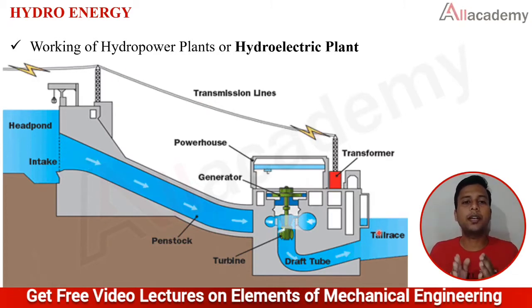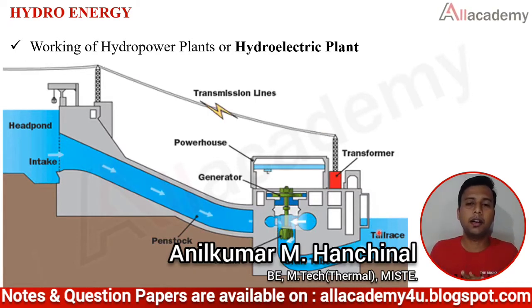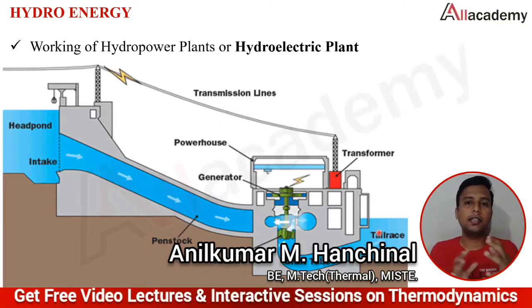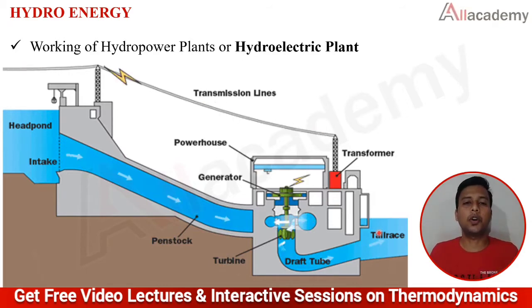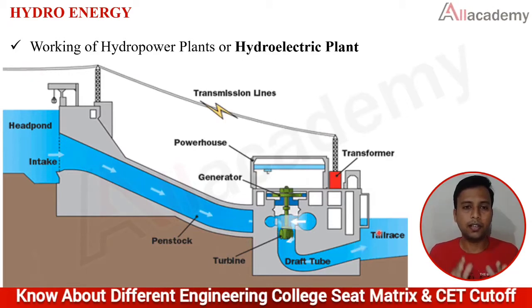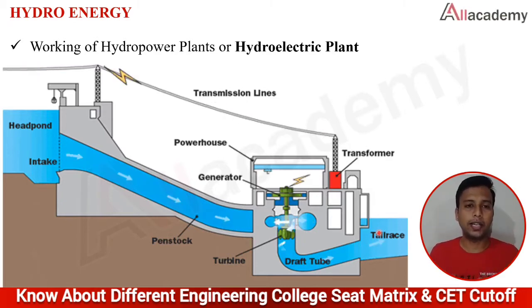The draft tube is made as a converging section, designed so that its pressure is reduced. So whatever pressure or energy is left in this water will be reduced. So this is a simple working of a hydro power plant or hydroelectric plant.